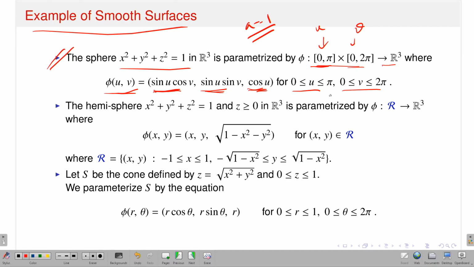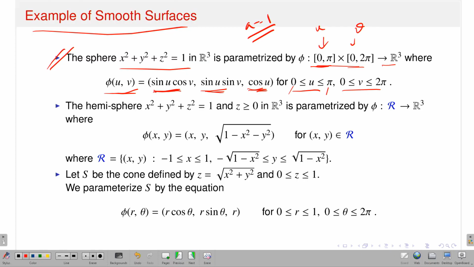Number 2, if I think about the interior region, that means if I omit the boundary points, of course you can check, I didn't prove everything, but it is actually one-to-one, or injective. And the third part is that if I take any point in my region, phi_u at that point cross phi_v at that point should be a non-zero vector.